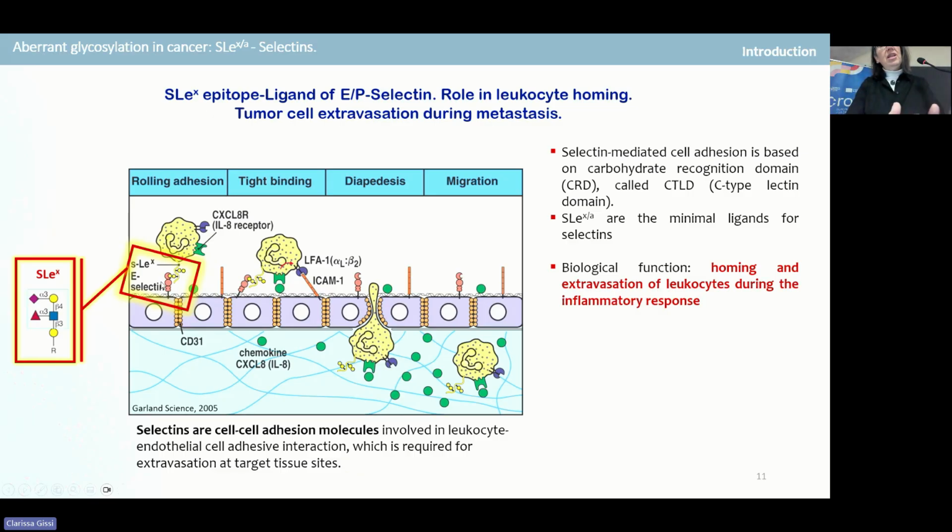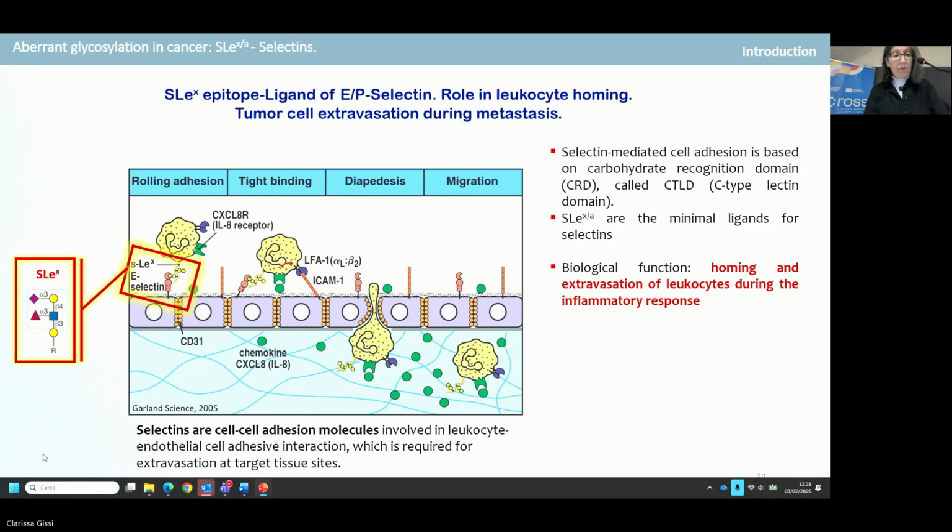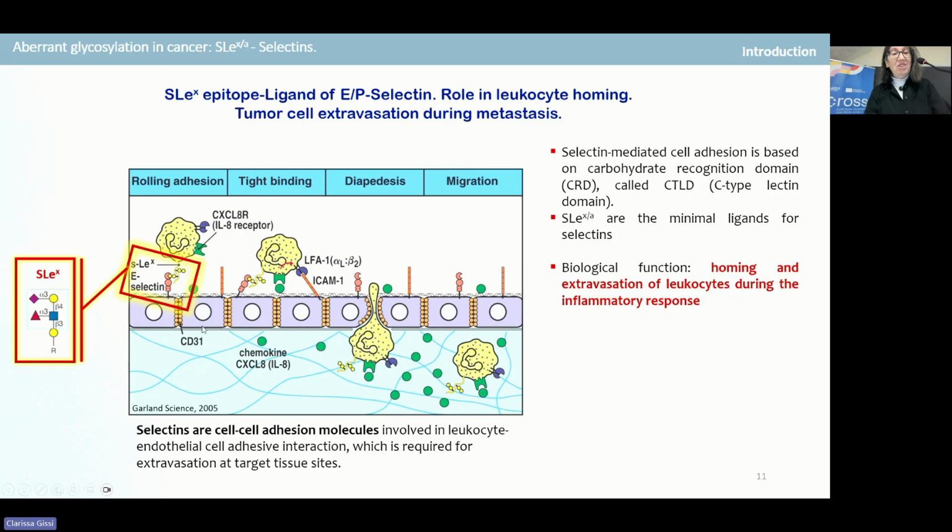What these interactions do is slow down these leukocytes through the blood vessels in order to initially attach to the endothelial cells that express selectin, and after this initial attachment, there is the interaction through integrins, and after that the extravasation to the inflamed sites.